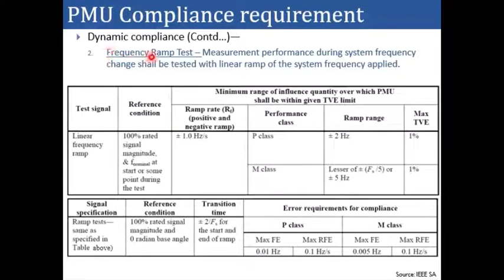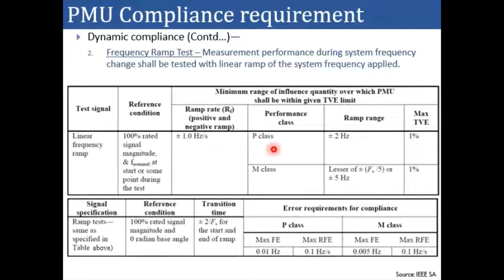Now let's talk about the frequency ramp test. The measurement performance during system frequency change shall be tested with linear ramp of the system frequency applied. So what we will do in this case, we will have the linear ramp with 1 Hz per second, that is we can ramp up and ramp down.